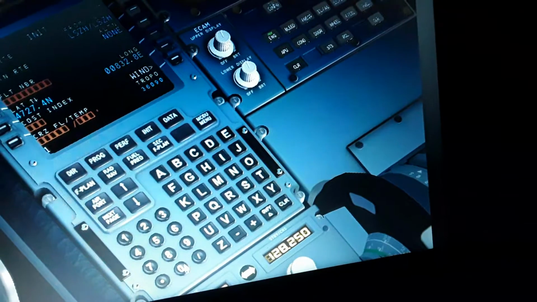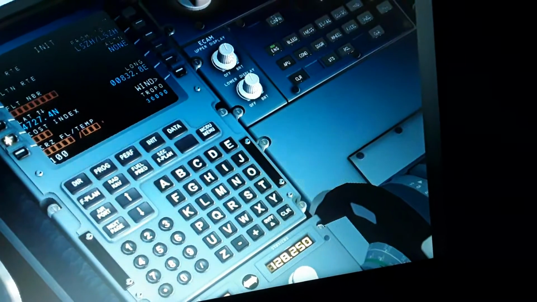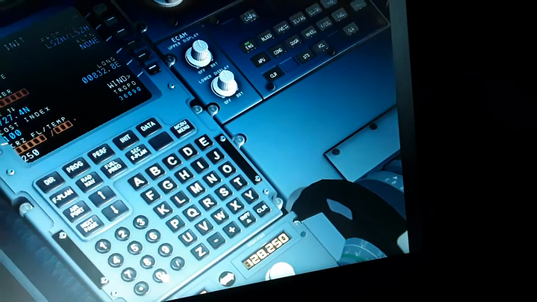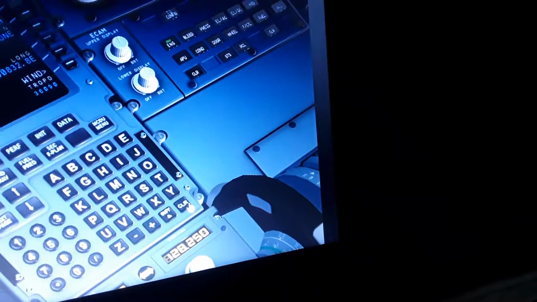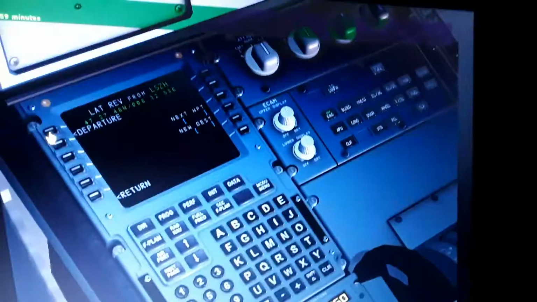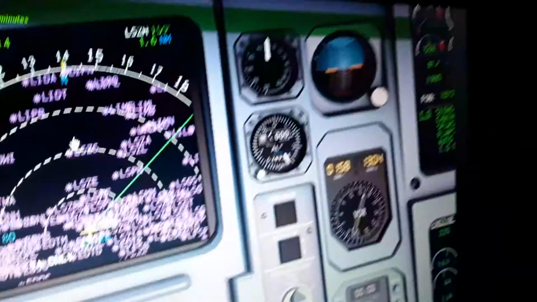So I'm gonna set the cost index and the cruising flight level, which is gonna be 35,000 feet, and 250 actually. It's flight level 350. Let's see. So I'm gonna use a departure here.